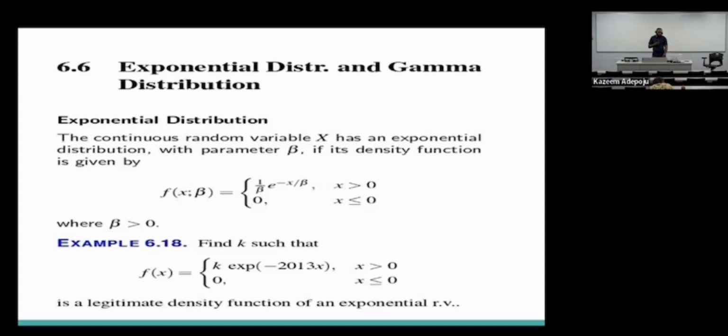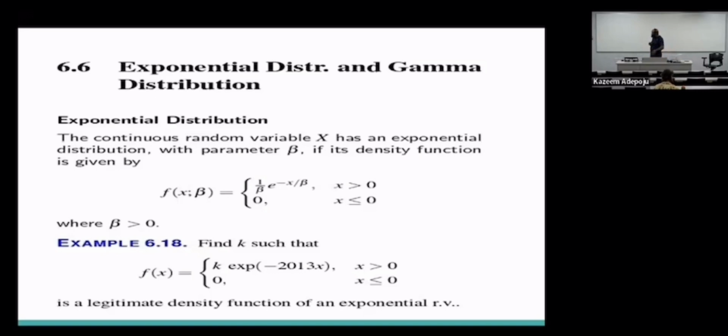If you want to model waiting time, we're going to use the idea of the exponential distribution. So the x that you see will represent the amount of time you're going to wait until that particular component is no longer functioning.